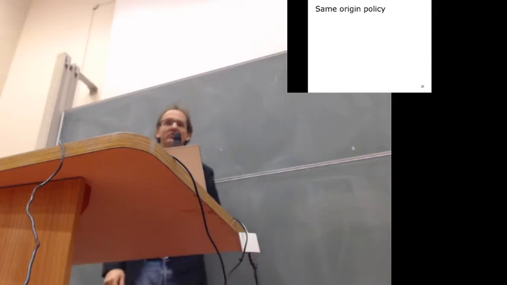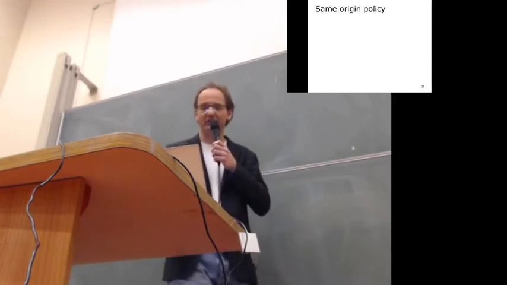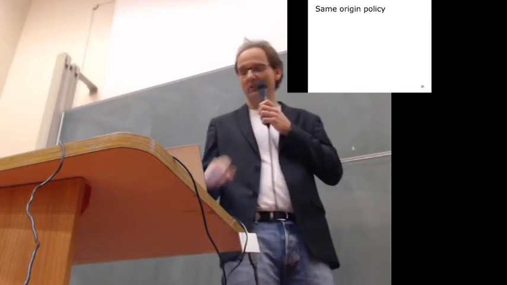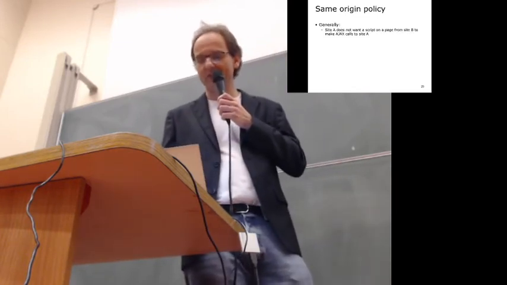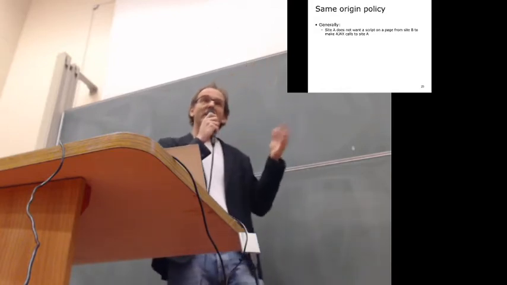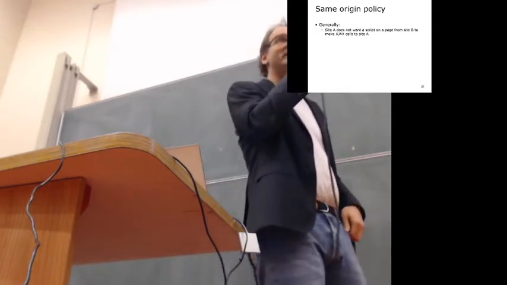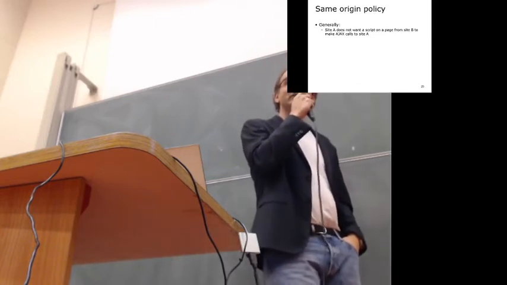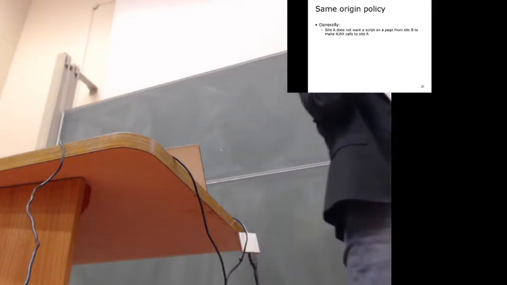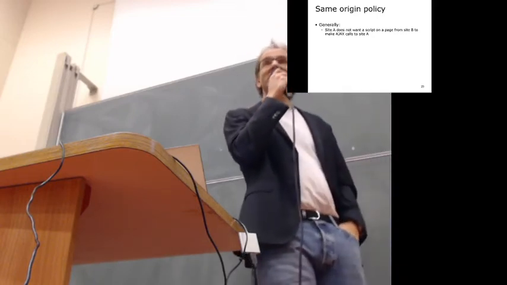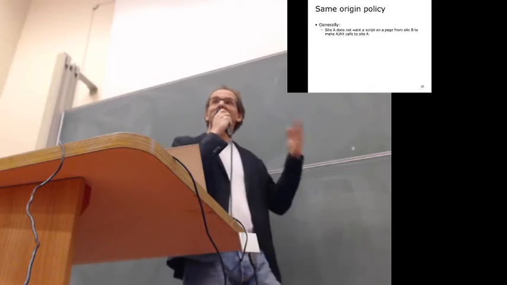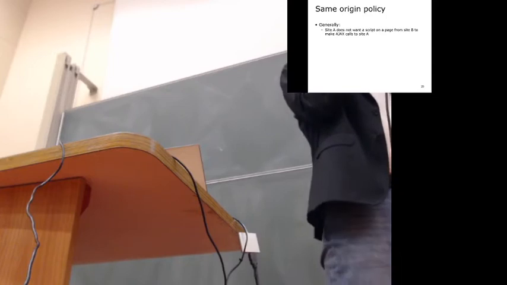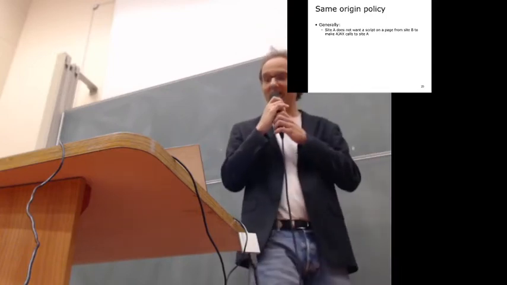And one solution is called the same origin policy. And I think that's good also for dealing with assignment 2 to think about. So in general, if I make a website, I'm the developer of website A, and I have all kinds of HTML pages that have JavaScript downloaded also from my website A. The JavaScript makes AJAX calls to have these page updates, and the AJAX calls do HTTP requests also to website A. That's all fine.